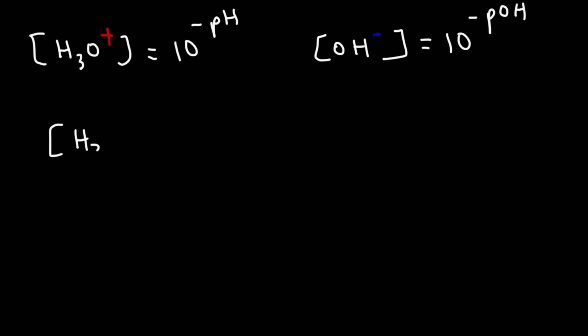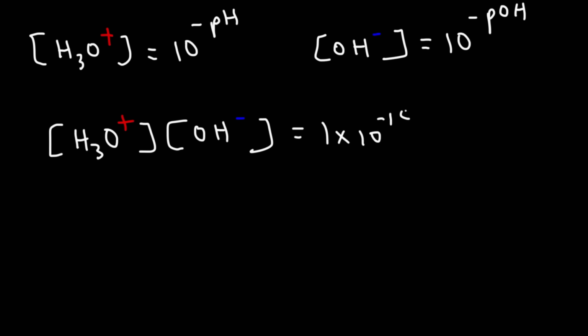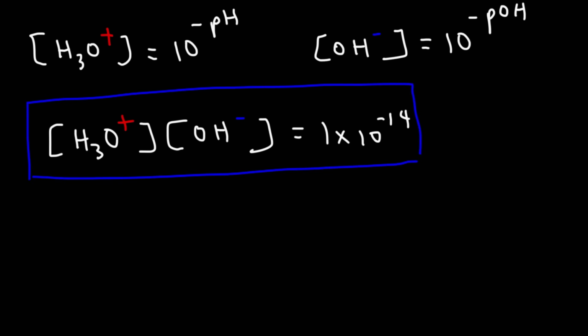And also, the hydronium ion concentration times the hydroxide ion concentration at 25 degrees Celsius is equal to Kw, the auto ionization constant for water. And that's 1 times 10 to the negative 14. So those are some other formulas that you want to be familiar with.